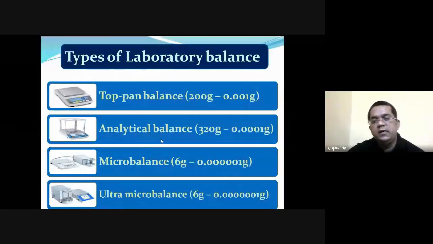An analytical balance has a capacity of 320 gram, and it can measure 0.1 milligram. Micro and ultra micro balances both have capacities of 6 gram. A micro balance can measure 1 microgram, and an ultra micro balance can measure 0.1 microgram, at the 7th decimal position, precisely.